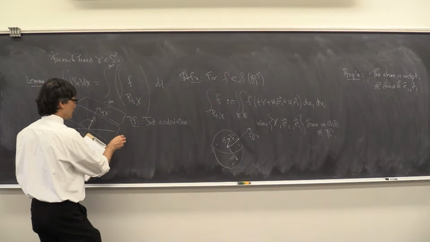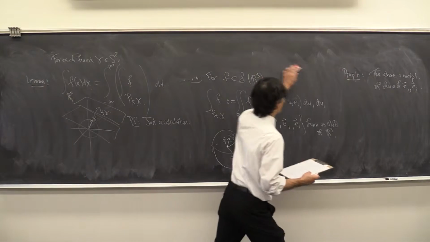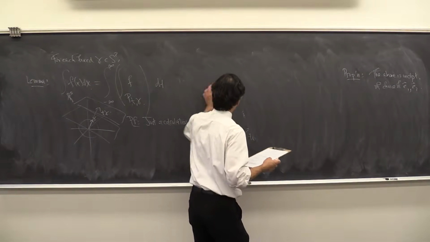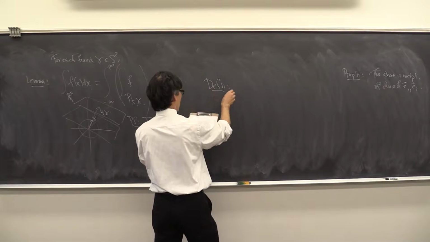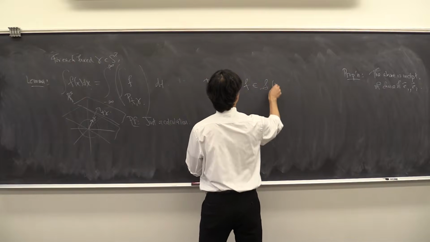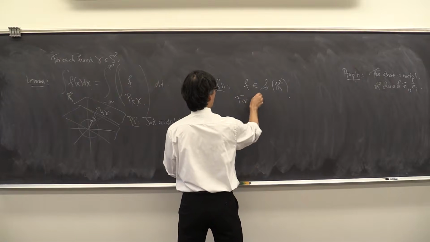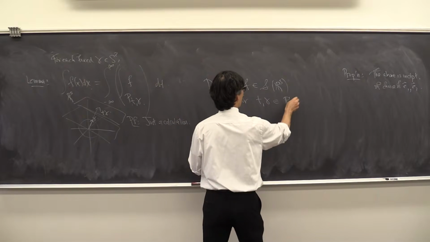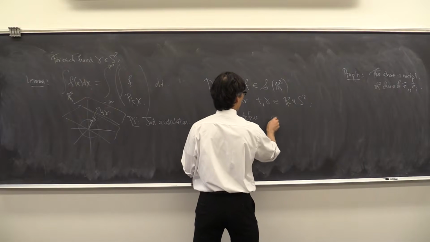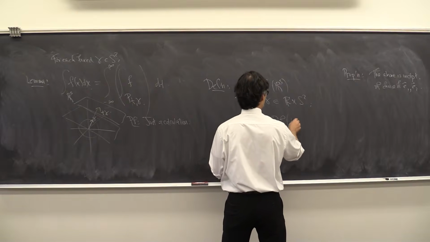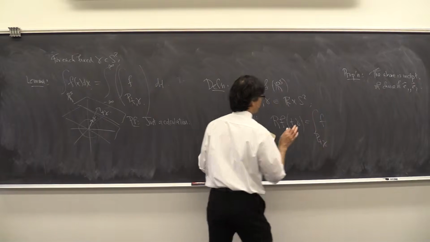The way we're going to think about the Radon transform is the following. For f on R3, then for (t, gamma) in R cross S2, we define Rf of (t, gamma) as the integral of f over the corresponding plane.